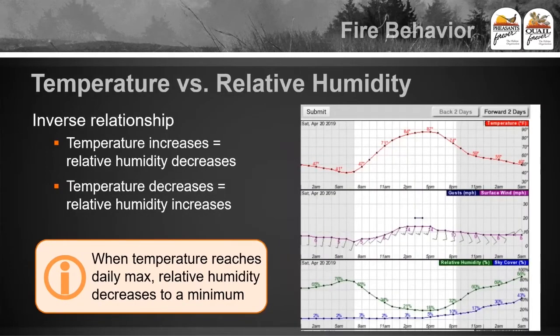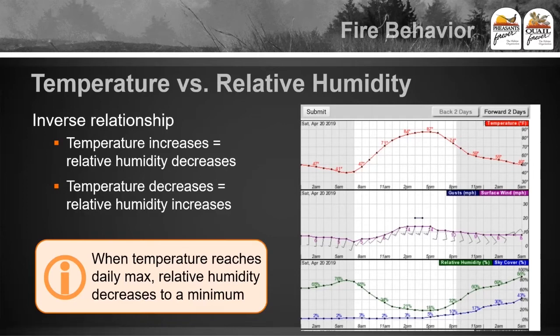There's an inverse relationship with temperature and humidity. If you look at the graph here on the right, at 87 degrees, if you follow it all the way down to the humidity, this green line, that's 18% humidity. So the warmest part of the day is typically going to be the driest part of the day.